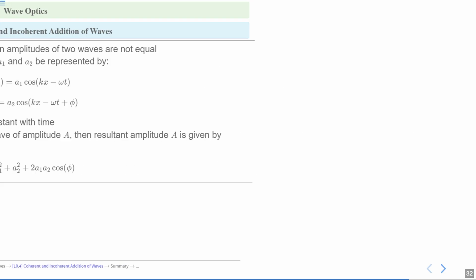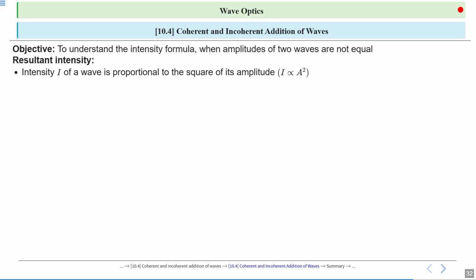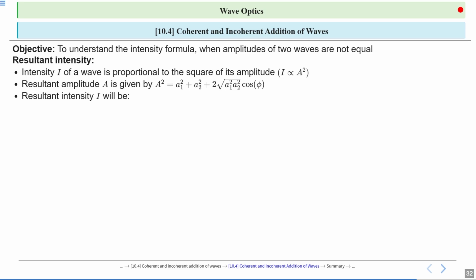So the resultant intensity is given by the following. Since intensity is proportional to the square of the amplitude, we know that the resultant amplitude A square is given by A1 square plus A2 square plus 2 root A1 square A2 square cos phi. So this is 2A1A2.